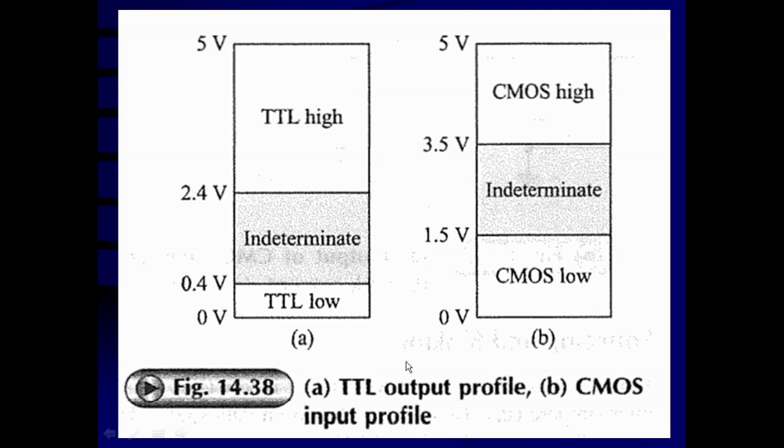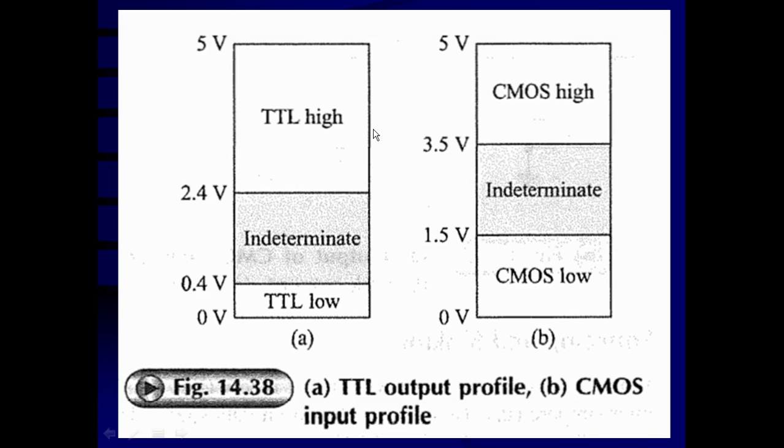In case of the CMOS input profile, the low window is from 0 volt to 1.5 volt. So the low window of 0 to 0.4 volt can fit inside 0 to 1.5 volt of CMOS low window. So the input low state is compatible with the TTL.